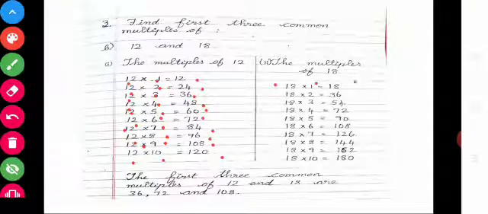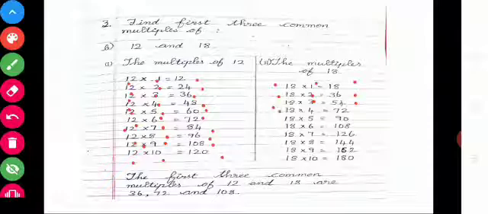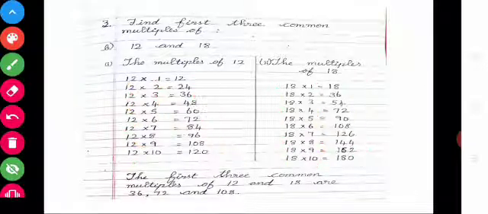18 ones are 18, 18 twos are 36, 18 threes are 54, 18 fours are 72, 18 fives are 90, 18 sixes are 108, 18 sevens are 126, 18 eights are 144, 18 nines are 162, and 18 tens are 180.